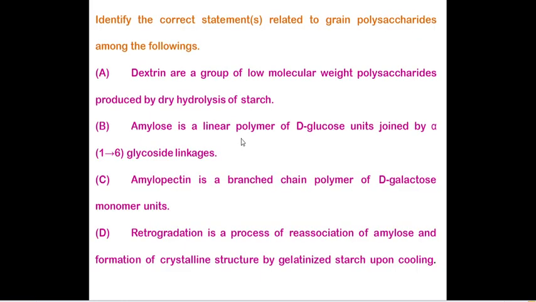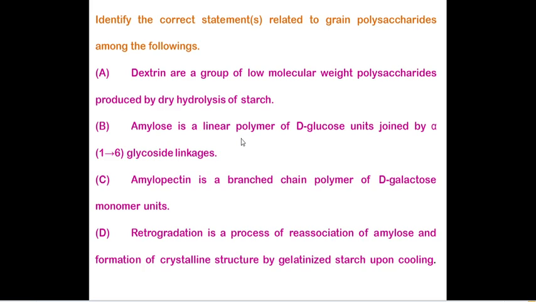Next is identify the correct statement related to grain polysaccharide among the following. So the first option, dextrins are a group of low molecular weight polysaccharides produced by hydrolysis of starch. Of course, dextrins are low molecular weight polysaccharides produced by the hydrolysis of starch. Second option, amylose is a linear polymer of D-glucose units joined by alpha-1,6 glycosidic linkage. This option is incorrect because amylose is a polymer joined by alpha-1,4 glycosidic linkage.